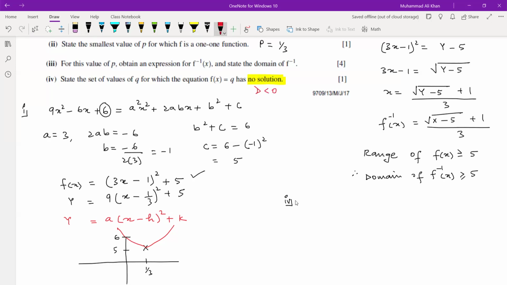We have to use discriminant less than 0 to calculate the value of q. मेरे ख्याल से ये क्वेश्चन करने में 3 से 4 स्टेप्स लगेंगे, right? लेकिन जब देखा गया marks इस क्वेश्चन के कितने हैं, 1, तो सिर्फ answer mark आपको मिलेगा, right? Just directly you have to write the value of q. अब सुनिए कैसे, क्या कह रहे हैं? No solution.